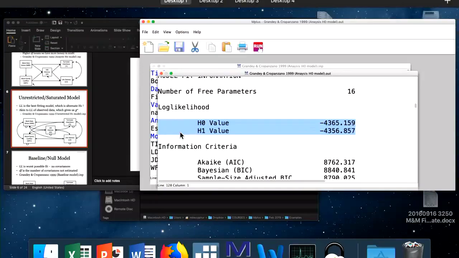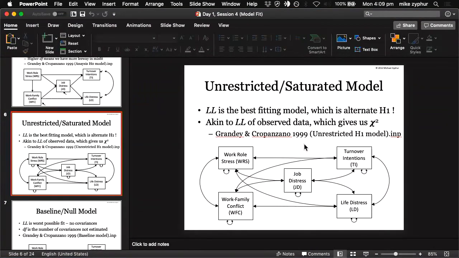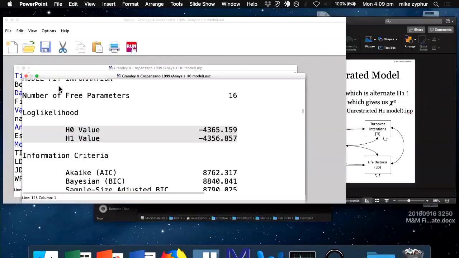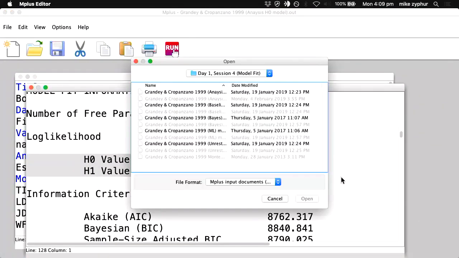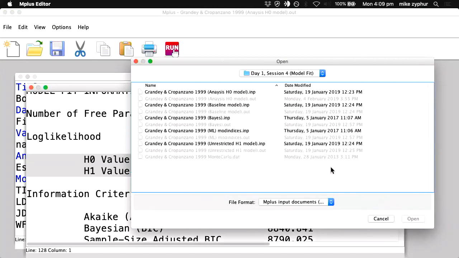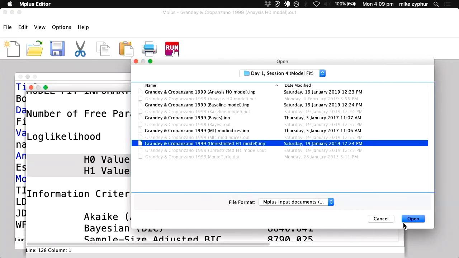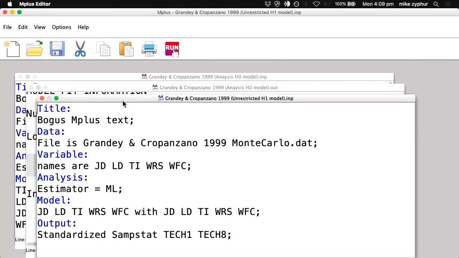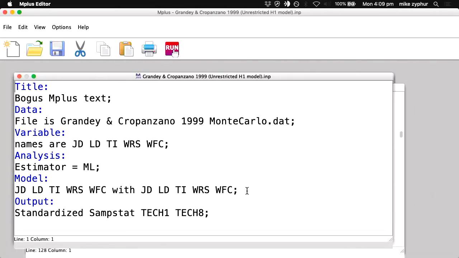And let's open up this file and you'll see how it works. Grandi and Cropenzano unrestricted H1 model.imp. Unrestricted H1 model. And let's look at what the input looks like. Look at that. What does that mean? All the variables with all the variables.